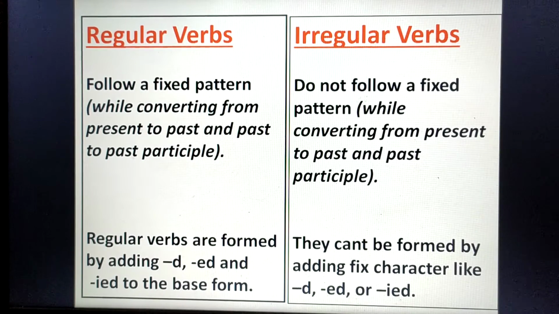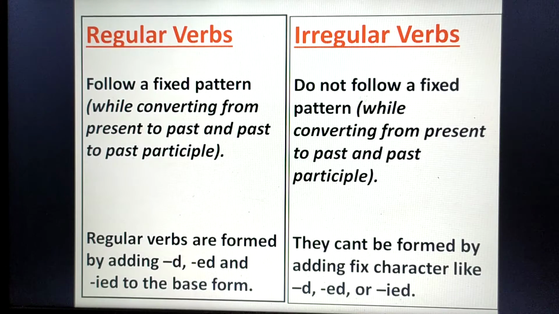But in case of irregular verbs, we do not follow a fixed pattern while converting from present to past or past participle. And the second point is, regular verbs are formed by adding d, ed and ied to the base form. But in case of irregular verbs, they can't be formed like that, right?